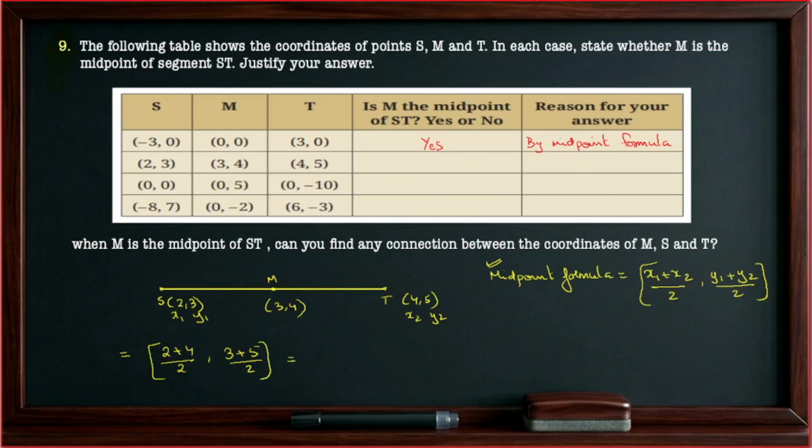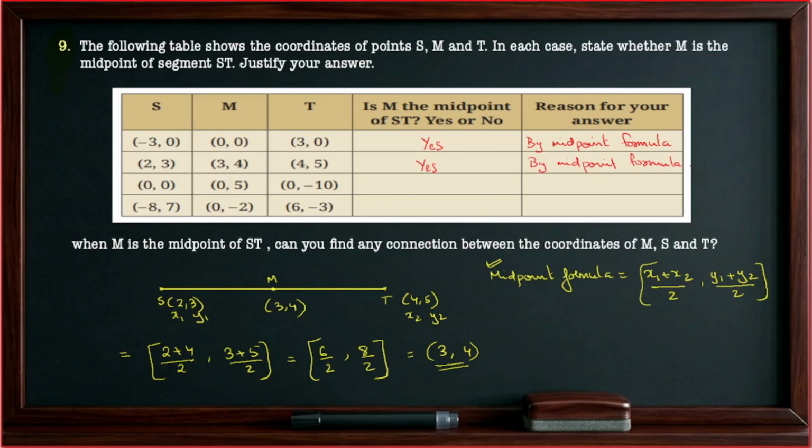This is equal to 6 by 2, comma 8 by 2, which is equal to 3, comma 4. So yes, we are getting the answer correct. See, this is 3, comma 4, and they have also given the coordinates as 3, comma 4. So this is correct. So we can write it as yes. And the reason for your answer is by midpoint formula.